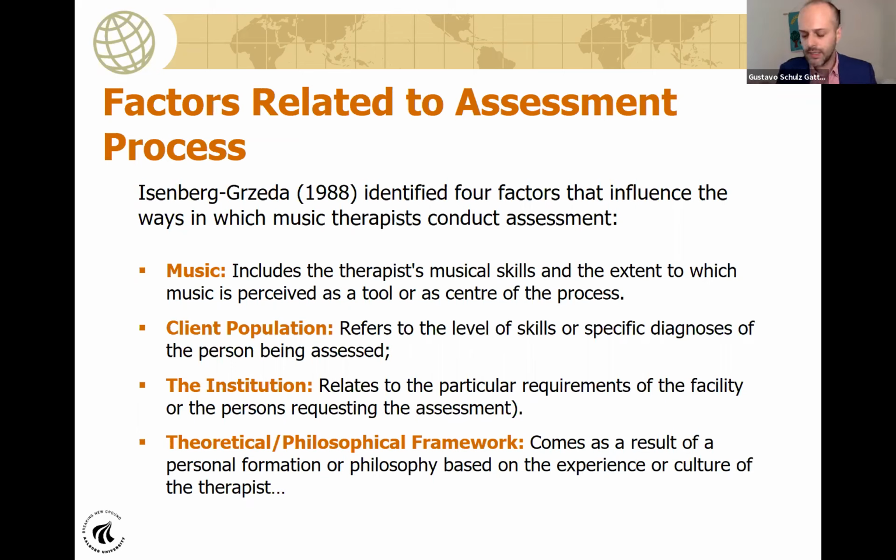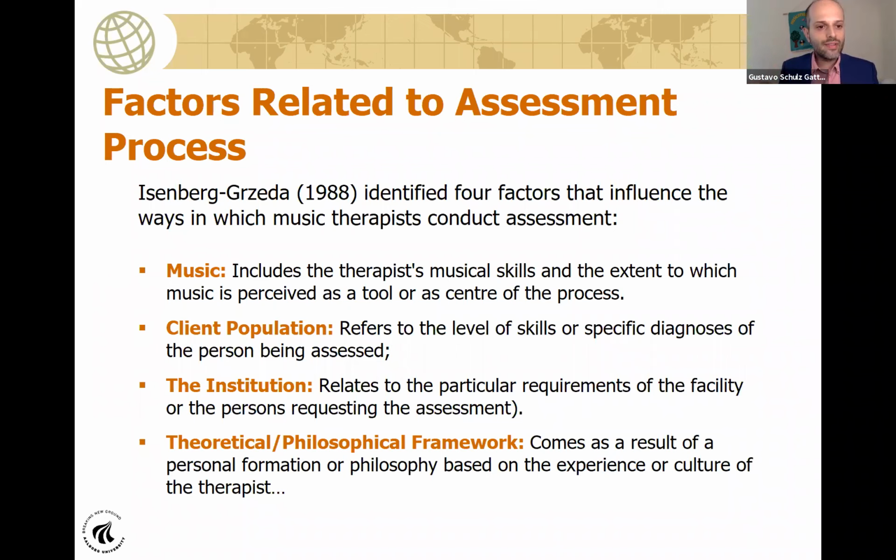For example, Kenneth Aigen and John Carpente define that the APCI, a specific tool for music therapy with families, could be categorized in this role, because in this assessment tool the music is used to facilitate interaction, and the music therapist observes what is happening among the different family members.